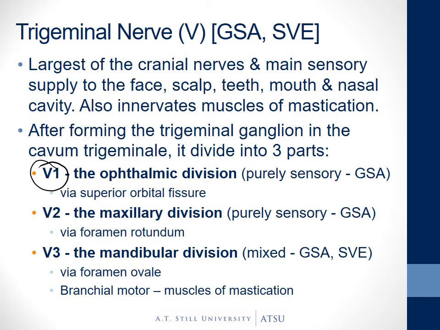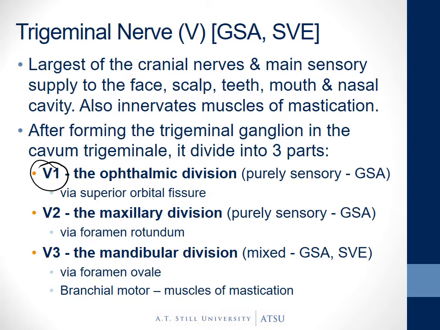It's primarily sensory, especially the first and second divisions, but the third division also does have some motor. It is going to go into the superficial and deep face. What's unique about it is as it divides, it's going to target organs that parasympathetic fibers go to.